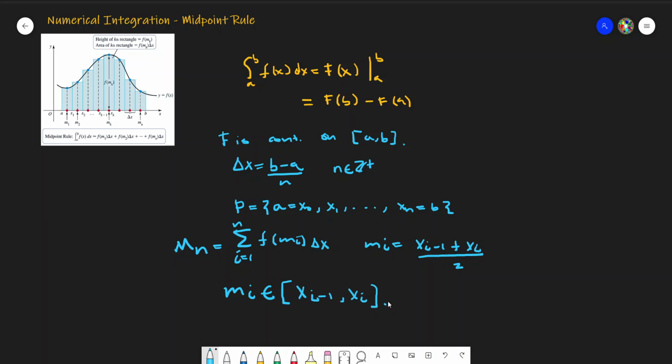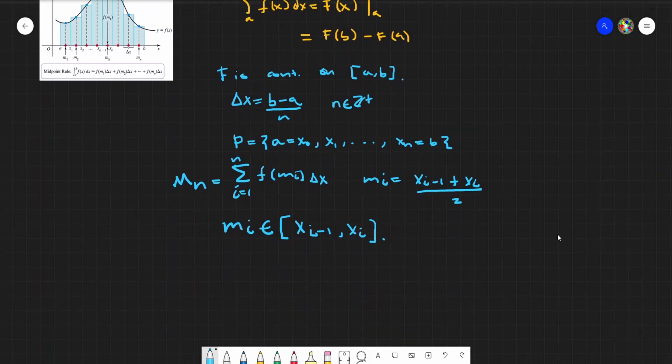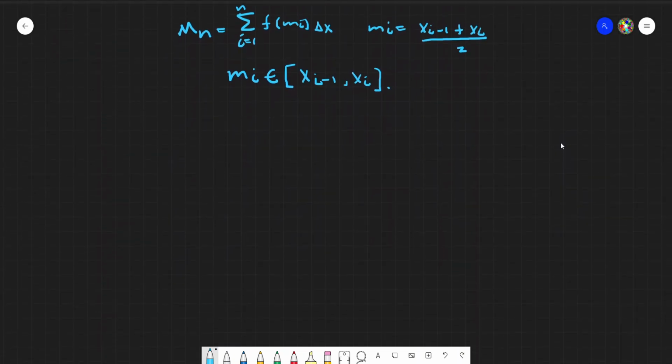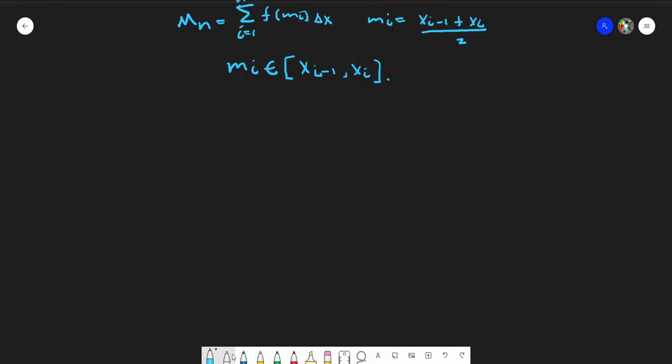In order to understand this, it's best to look at a simple example. What if we were integrating 2x plus 1 dx from 0 to 1?